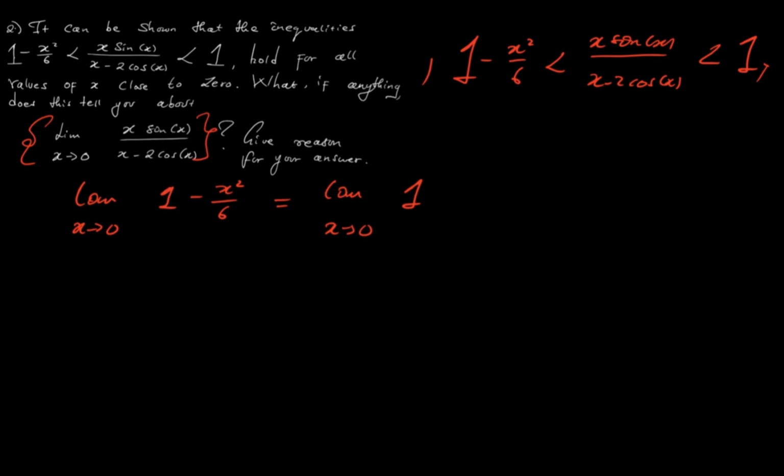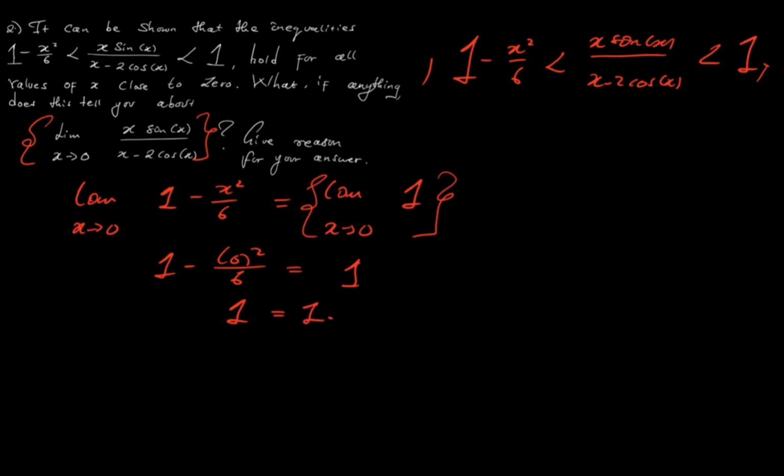So if we try and find the limit here, on the first function, we'll have 1 minus 0 squared over 6, being equal to the limit of a constant. In this case, it will always be the constant. So if you have the limit of a number such as 5 or minus 5, it's just that 5 or minus 5. So here the limit is literally 1. But here, if you follow it out, you get a 0 over 6 giving you a 0, so you just get a 1 being equal to 1.